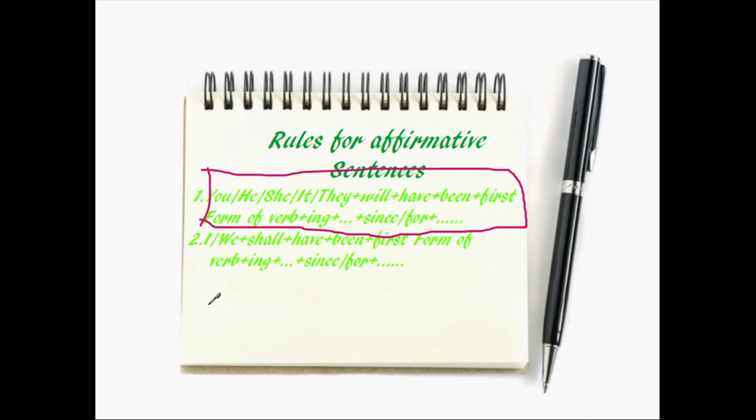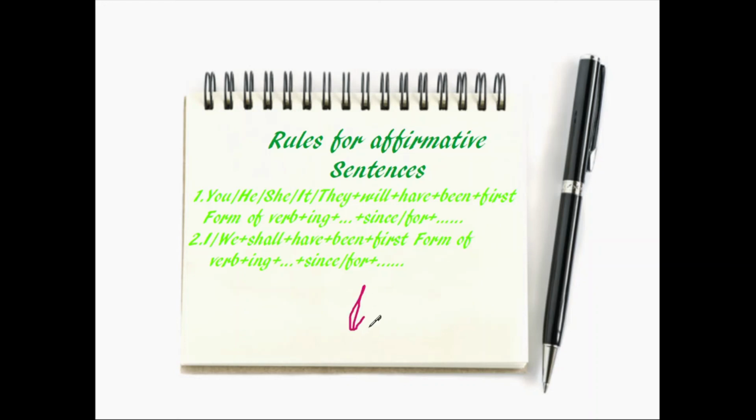Okay. Second one: I or we plus shall plus have plus been plus the first form of verb plus ing plus and so forth plus the rest of the sentence. For example, by next April, I shall be leaving.